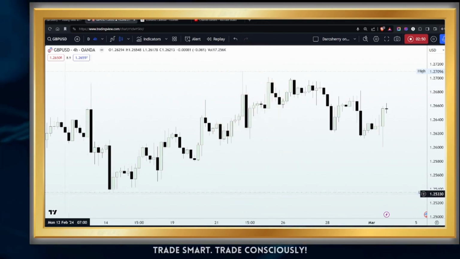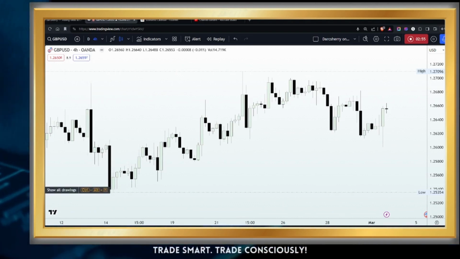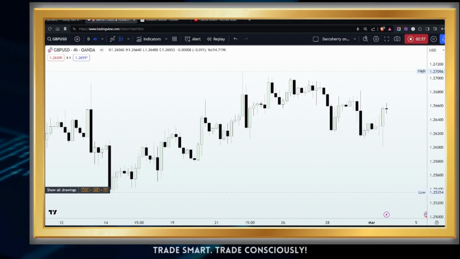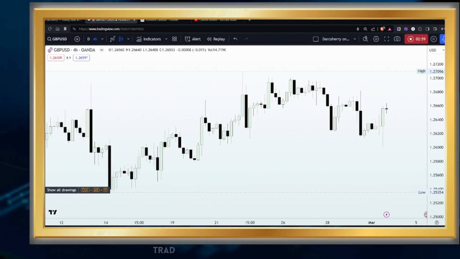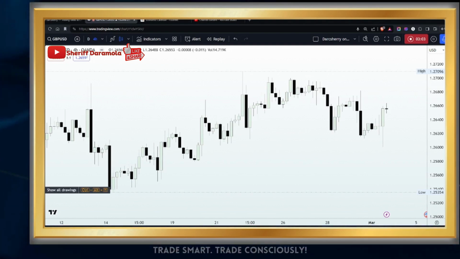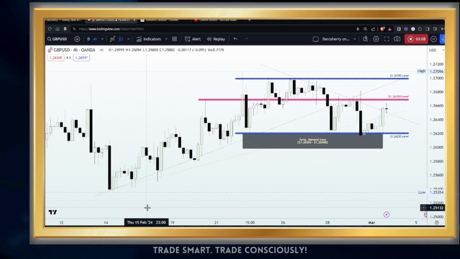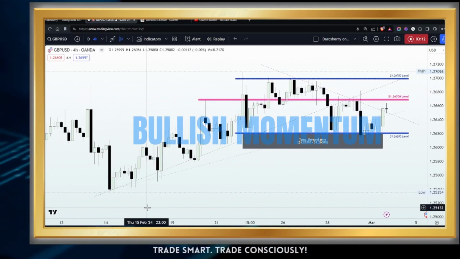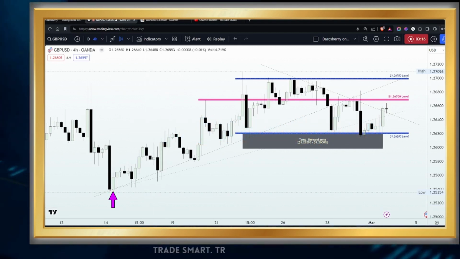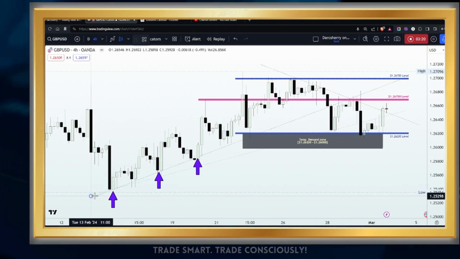So right here on the 4 hours time frame, the first thing I did was to take into consideration the nature of price action in the last couple of weeks to strategically position ourselves for the next move. Looking at this structure, the first thing you would observe is that price action has been bullish, and when we connect the series of higher lows here, we have a couple of ascending trend lines.